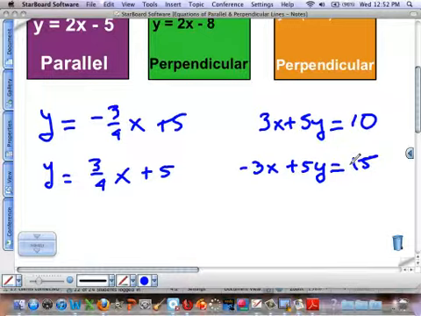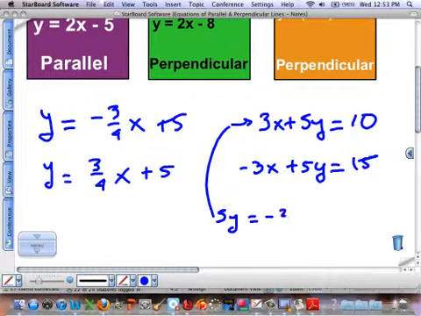I think for some students, this format, which we call standard form, where we have x and y on the same side, is a little more difficult for identifying whether they're parallel or not. The way around that is to actually put it into slope-intercept form. And like Mackenzie said, the first step in doing that is to do what? Yeah, we're going to take this. So if we subtract the 3x right here, that will give me 5y equals negative 3x plus 10.